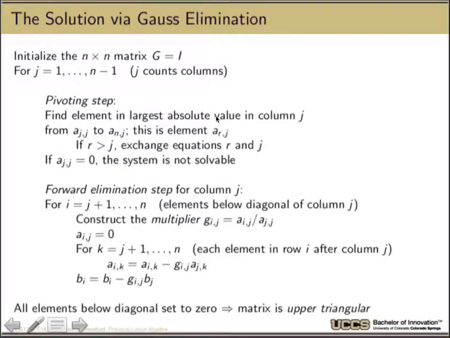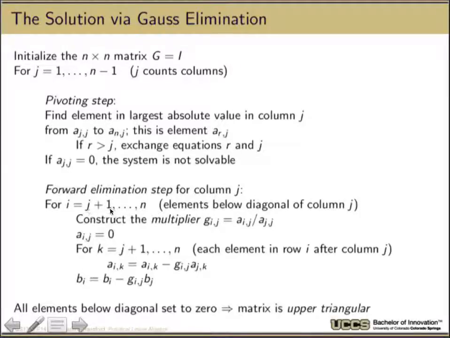First, we're going to find the largest absolute value in this column, and if it's not in the right place, we're then going to exchange the rows. So we run through and exchange the row elements. And if A_jj is equal to 0, the system's not solvable. So if the highest element we get out after this is all 0, then we've reached a place we can't move forward on.